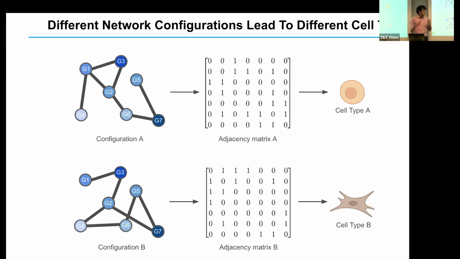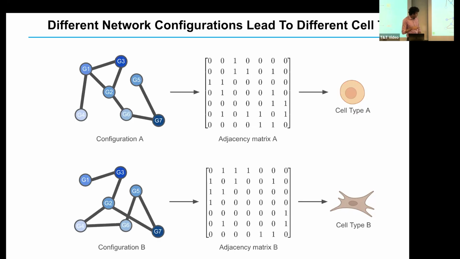This is just a cartoon explaining how we define these cell types. Here we can see there are 7 nodes and 8 edges, I think. This edge configuration leads to this adjacency matrix, which is a linear representation of cell type A. So this gene interaction network gives rise to cell type A. Similarly, configuration B has certain edges.